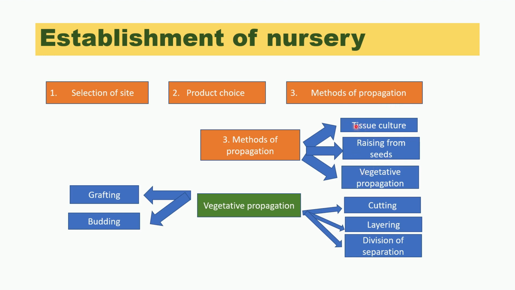These three are used for the development of a nursery for any kind of crops. Under vegetative propagation, we have cutting, layering, division or separation, grafting, and budding.